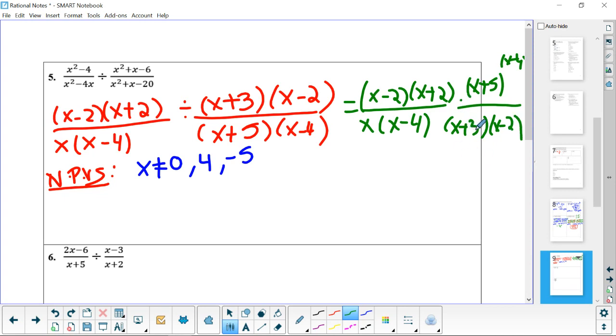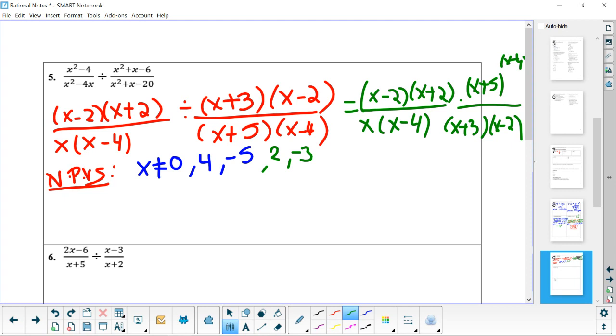now here I'm going to again look at my non-permissible values for this part of the question. So here, if I have x as negative 3, again my denominator will be 0. And when I plug x as 2, my denominator will be 0. So I'm going to add two more non-permissible values here, that is 2 and negative 3.